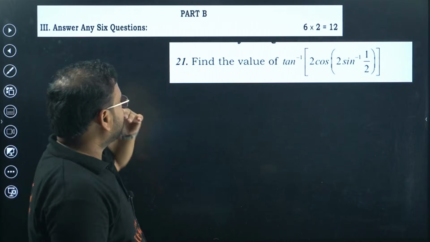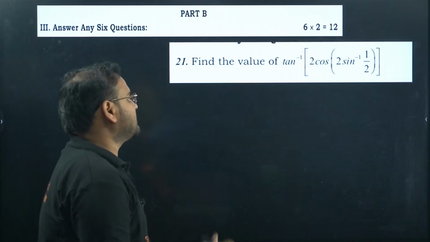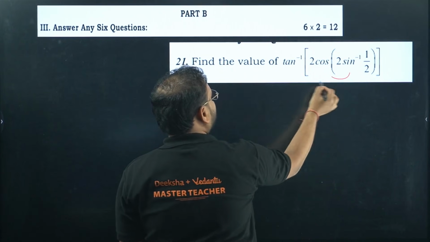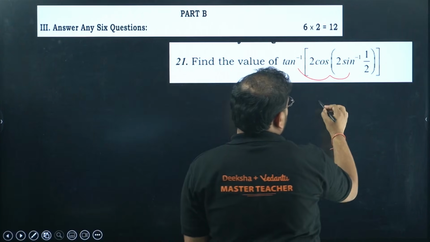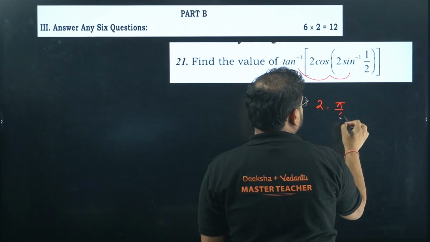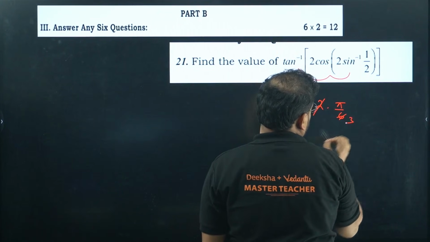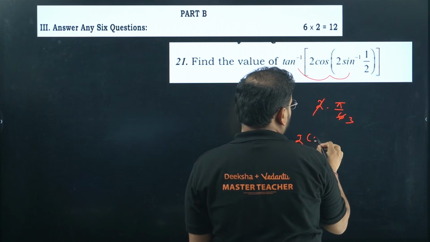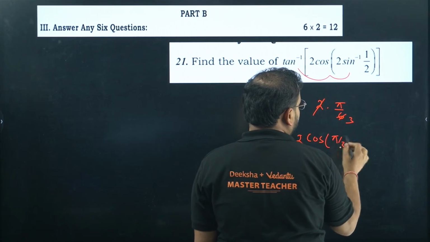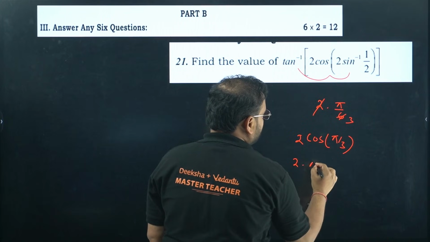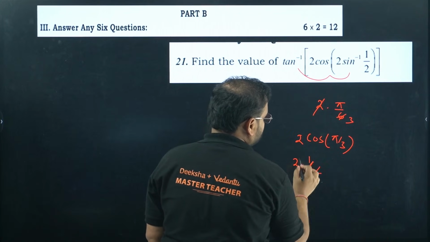Now part B, find the value of tan inverse of this. Start from here, we'll work backwards from here. 2 times sine inverse of 1 by 2, that's pi by 6. So the first bracket is solved now, right? 2 times cos of pi by 3, so 2 as it is, cos of pi by 3 will become 1 by 2, so 1.